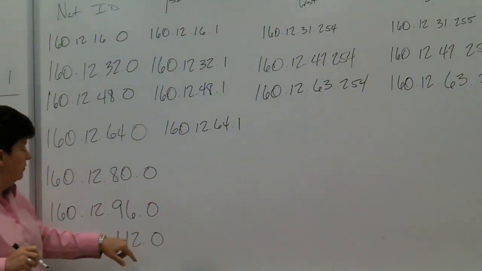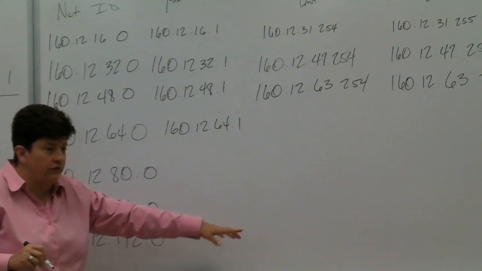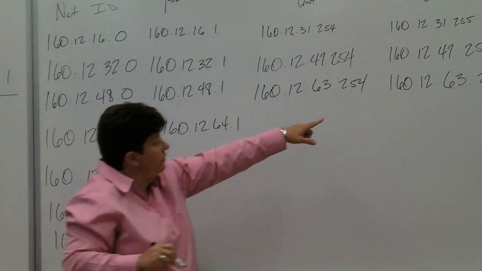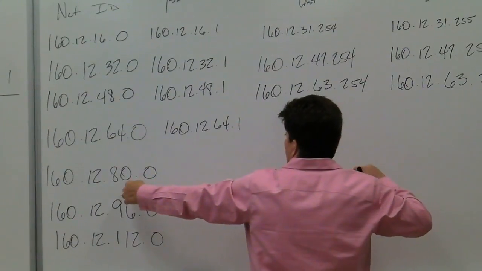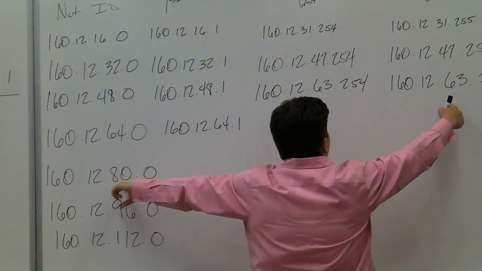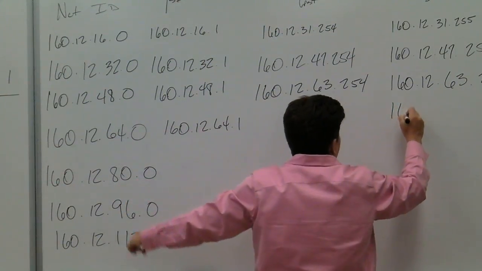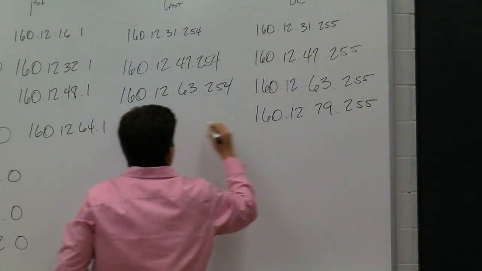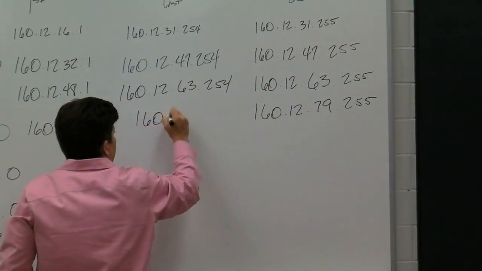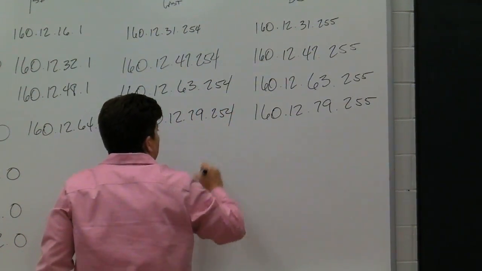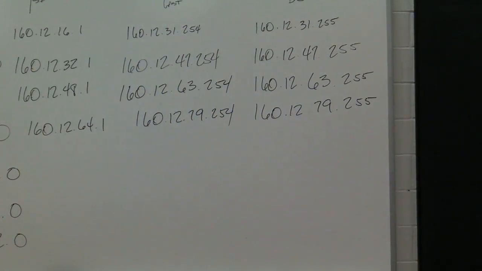This would be 80.1, 96.1, 112.1, and so on. Remember, one less than this number, so 80. Right? Now you remember?